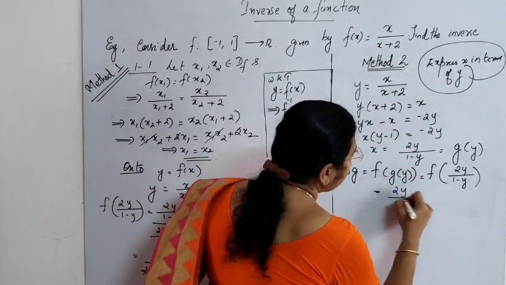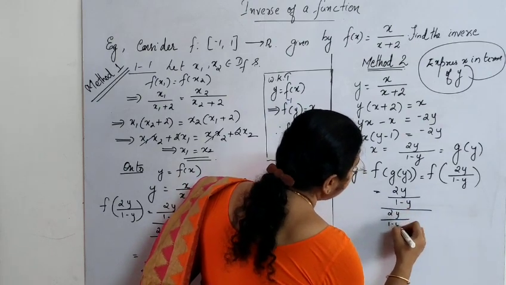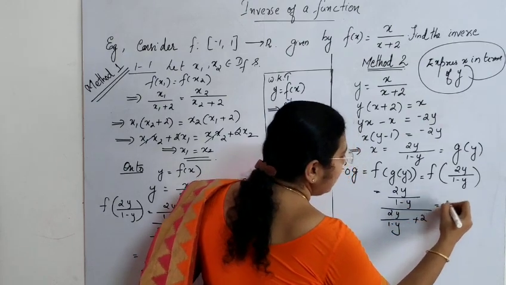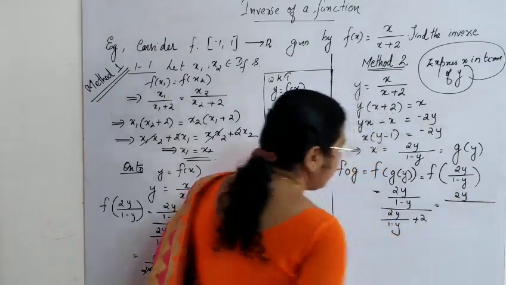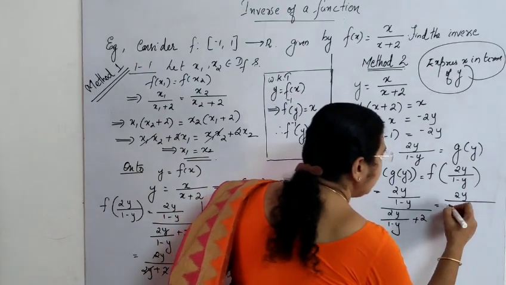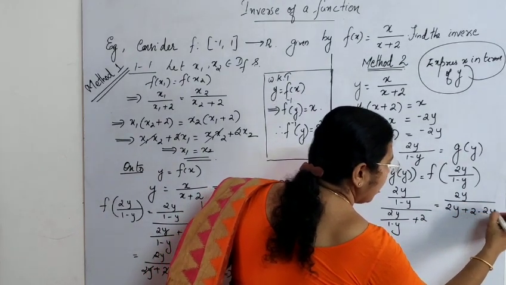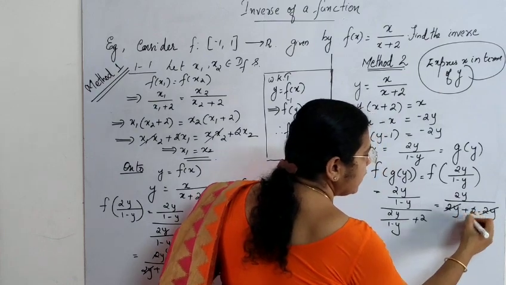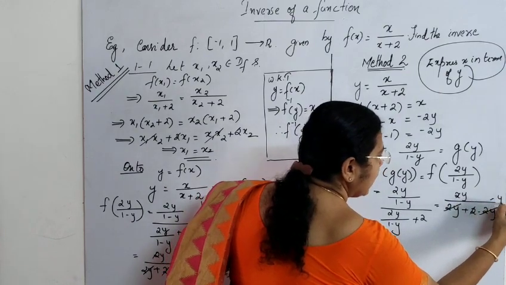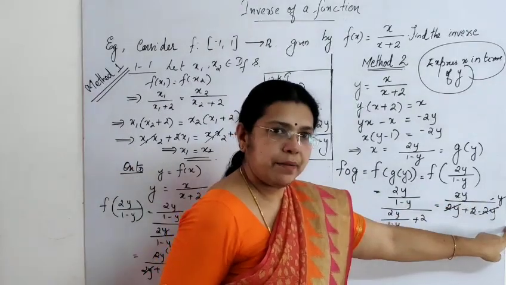That is 2y by 1 minus y, divided by 2y by 1 minus y plus 2. Cutting off the denominators, 1 minus y and 1 minus y, I get the same in both places. 2y plus 2 minus 2y, 2y minus 2y cancel, further 2 and 2 cancel, and what will I get? y.